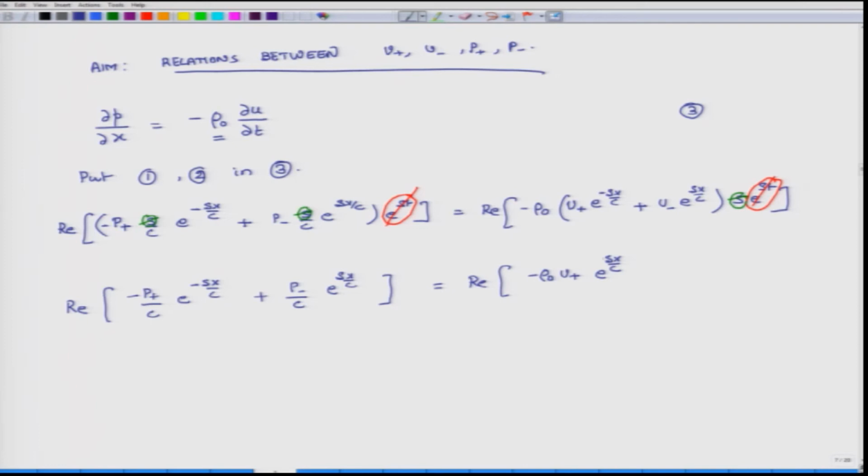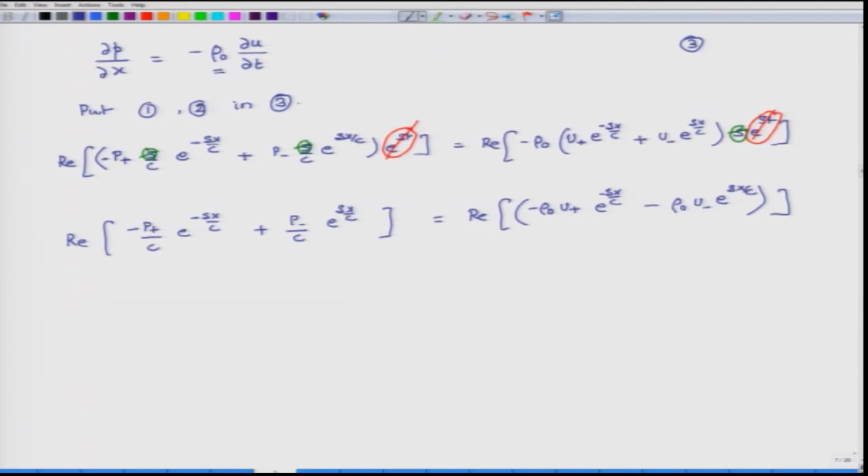Oh, there should be a minus here, and there is a minus here: minus rho naught u minus e to the power of s x over c, and brackets closed. Now, this momentum equation is again valid for all times and all values of x.